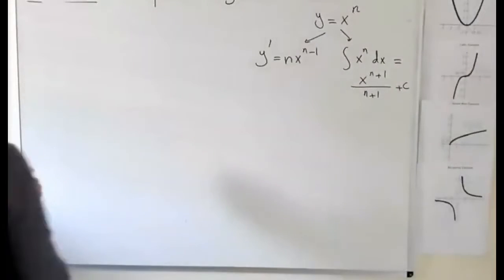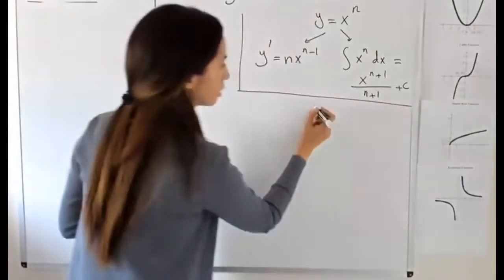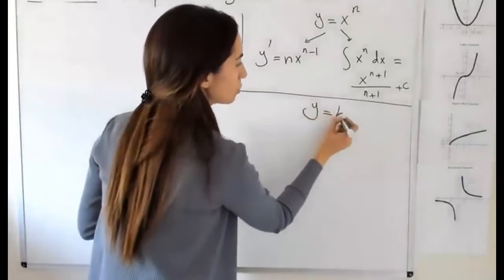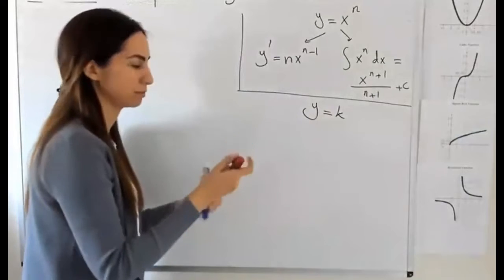Next function, suppose you have a constant function. y is equal to k, just a constant function, a horizontal line.